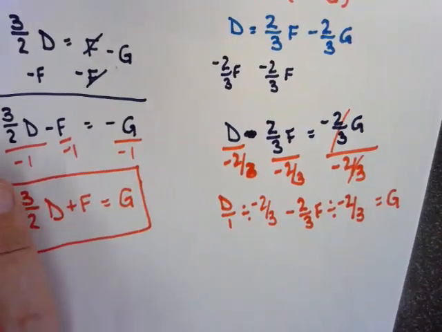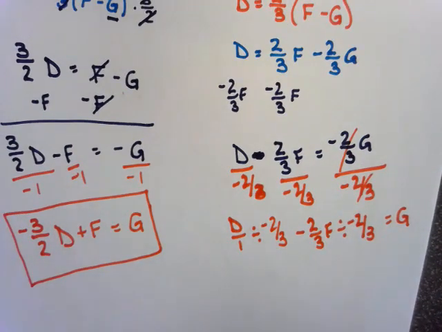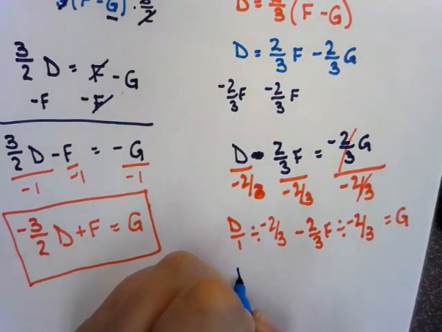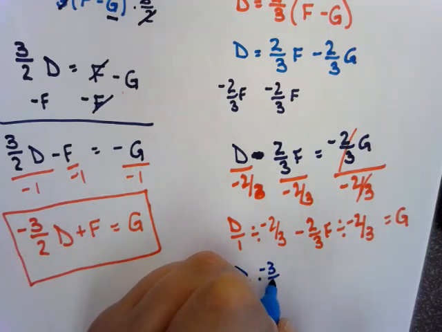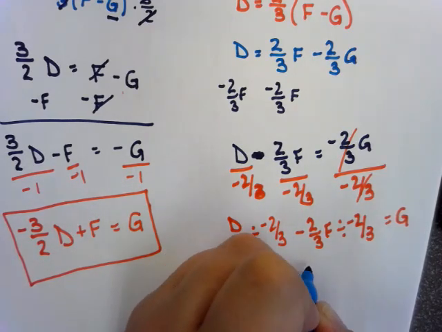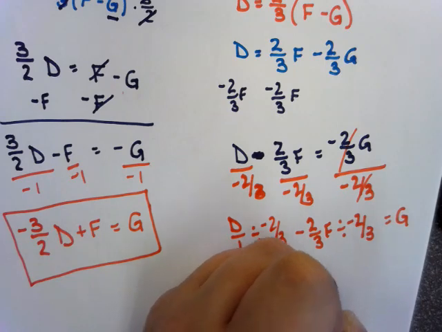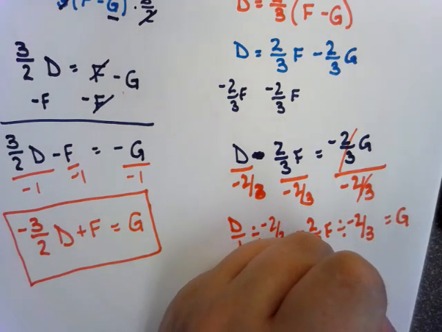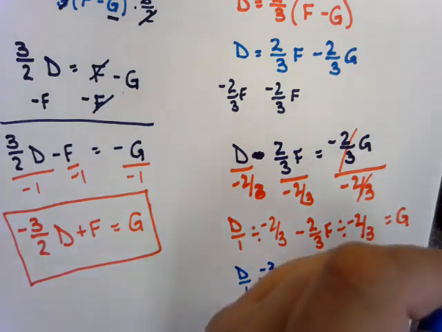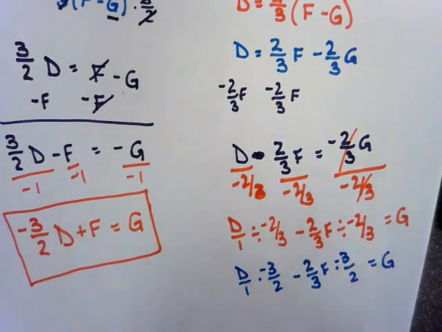Okay, I'm realizing I'm writing very, very crooked. Okay, so remember, state, change, flip. So this is d/1 times negative 3/2 minus 2/3 f times 3/2, and it's a negative, equals g.